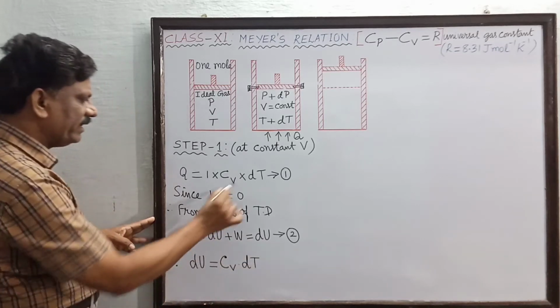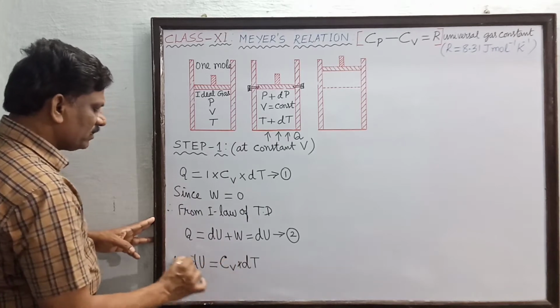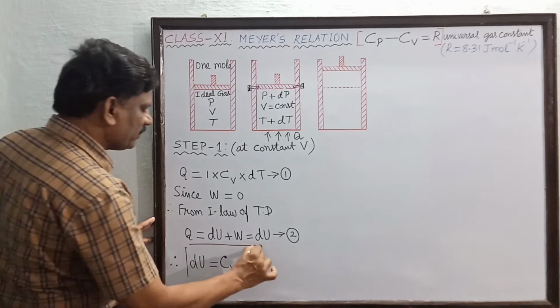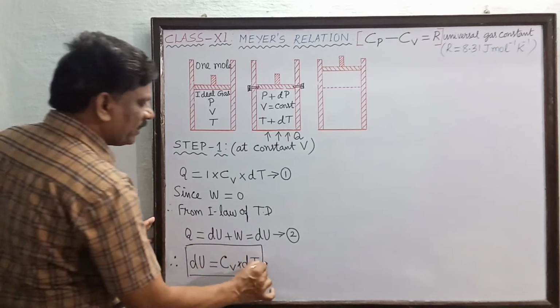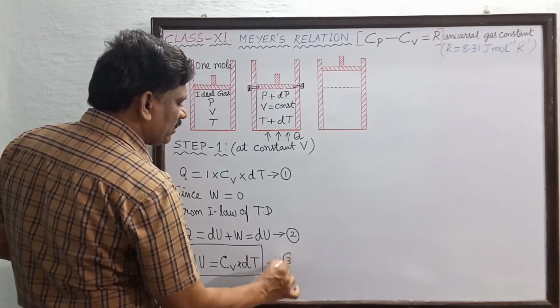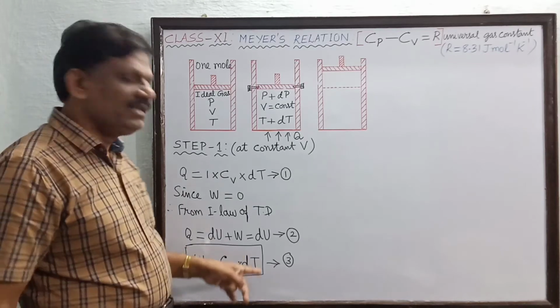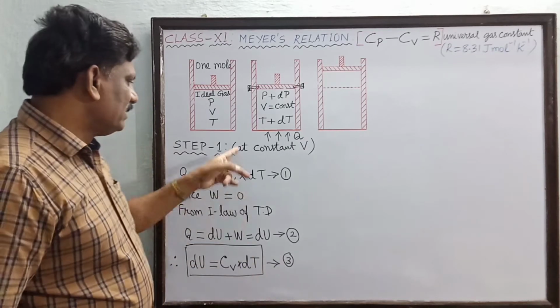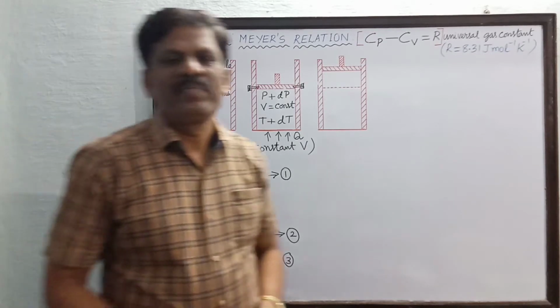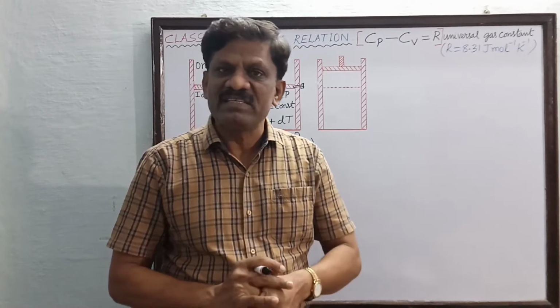This is equation number 3. So the change in the internal energy of the system is equal to CV into dT. Have you all understood step 1 first of all?